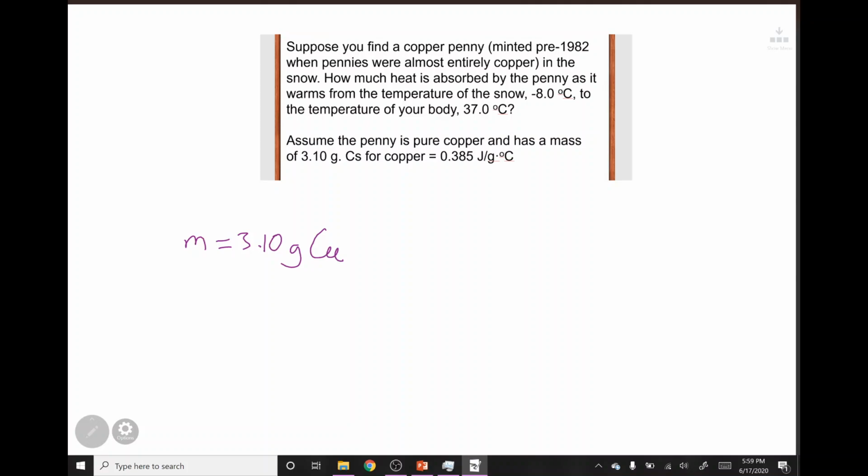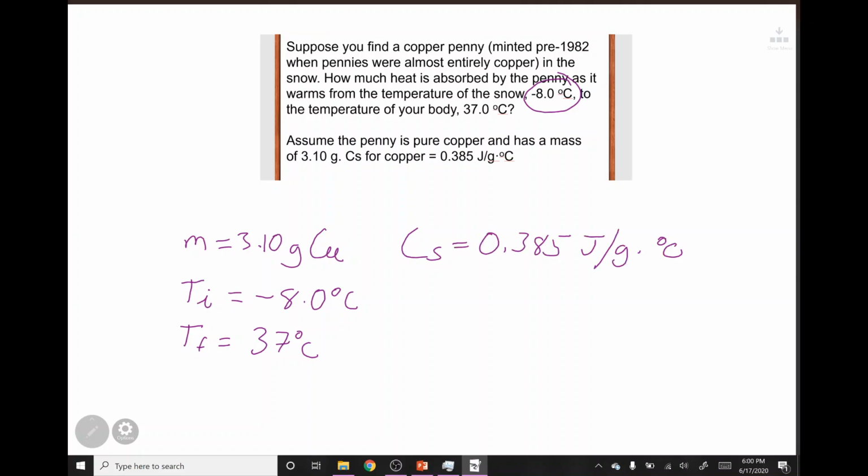Then we were told our initial temperature, remember it's starting from minus 8 degrees C. Then our T final is 37 degrees C. And they gave us CS for copper equal to 0.385 joules over grams times degrees C.